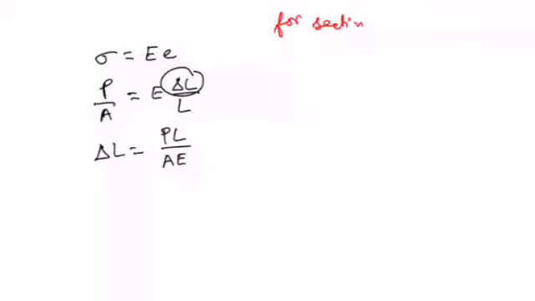For section A, you can see that del L will be equal to P1 L1 by AE, that is equal to, what is P1 here, that is 50 kilonewton. So 50 into 1000, because we are converting this to Newton, so we have to multiply with 1000 here, into what is L1.